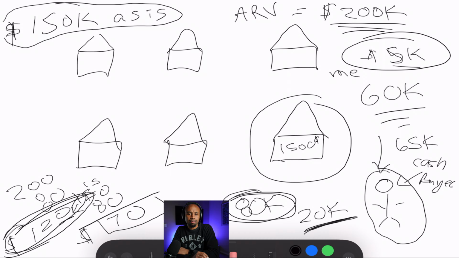Because before, when I was a beginner investor, I used to think that houses needed to be in pristine condition. I used to think the repair costs would have to be pretty high, and they do if you're trying to get a house in almost brand new condition, it's going to take a pretty penny. But this guy kind of taught me that with rentals, you don't need to get them in pristine condition.